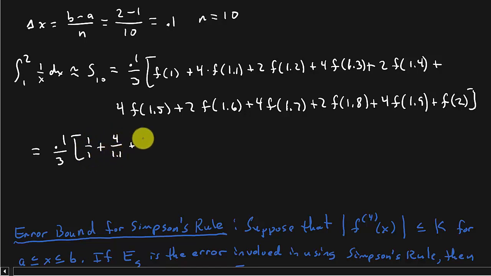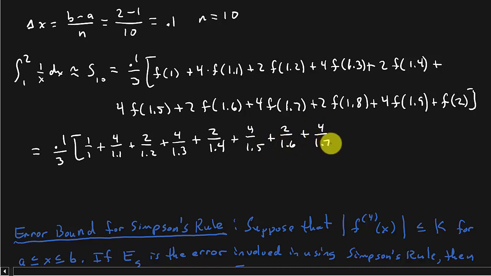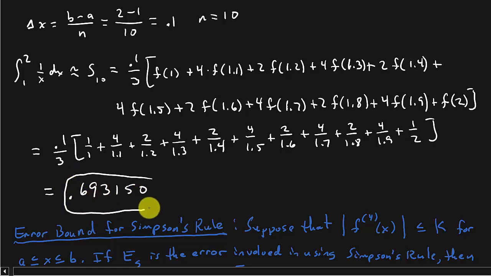Plus 4 over 1.1 plus 2 over 1.2 plus 4 over 1.3 plus 2 over 1.4 plus 4 over 1.5 plus 2 over 1.6 plus 4 over 1.7 plus 2 over 1.8 plus 4 over 1.9 plus 1 over 2. All right. And then you punch all that into your calculator, and we get 0.693150. And there's your answer.